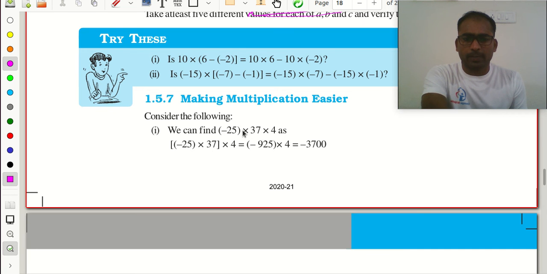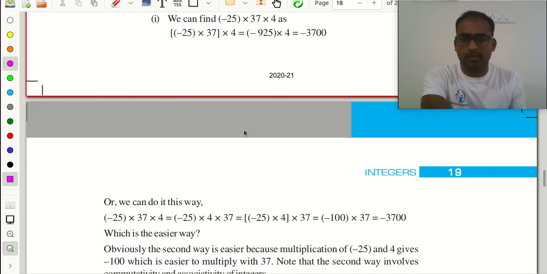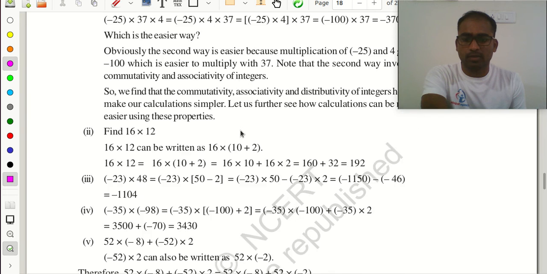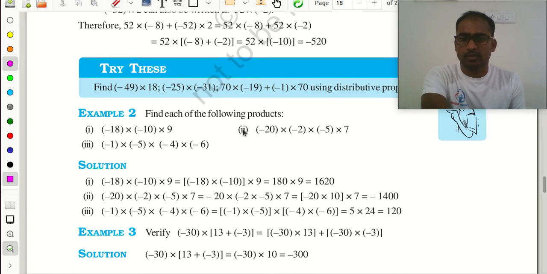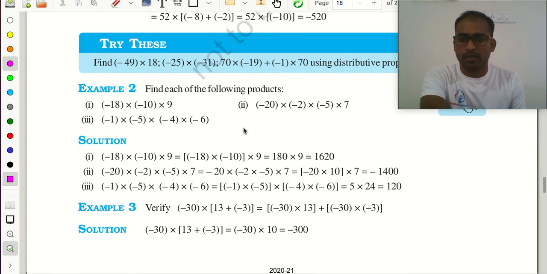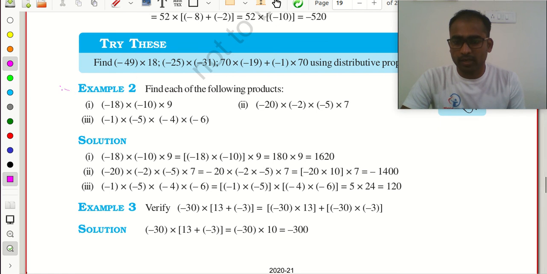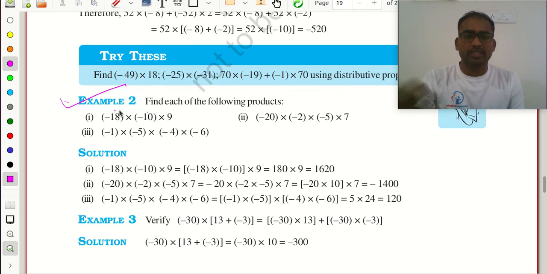Next, making multiplication easier. Please go through the following example, and I will discuss this example with you now. Here, multiplication of three integers: minus 18, minus 10, and 9. What will be the answer? So why do we need the distributive property?